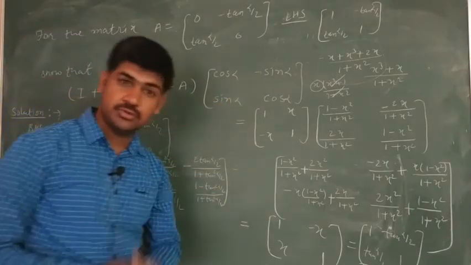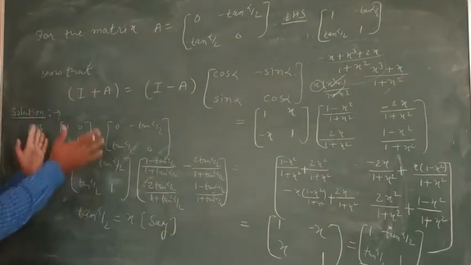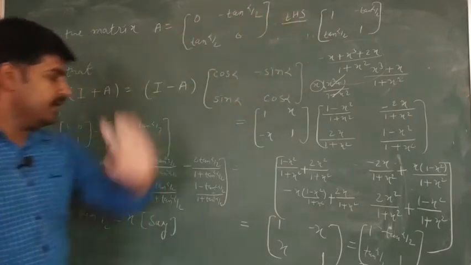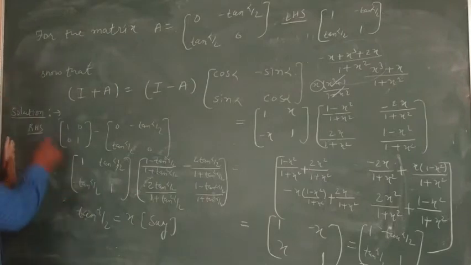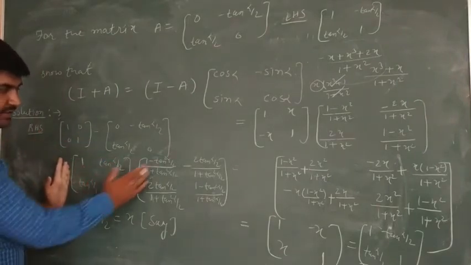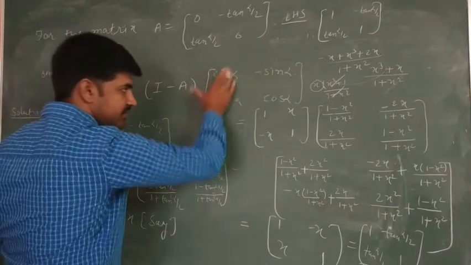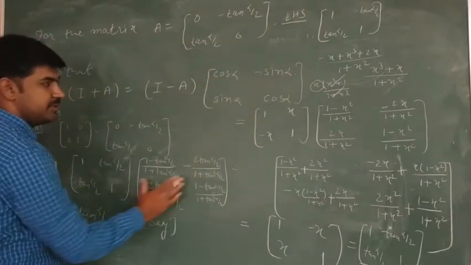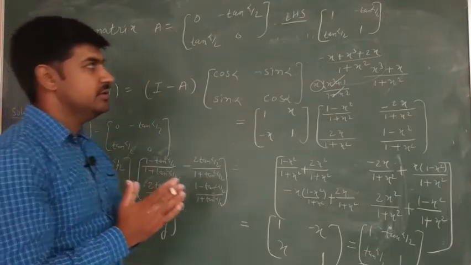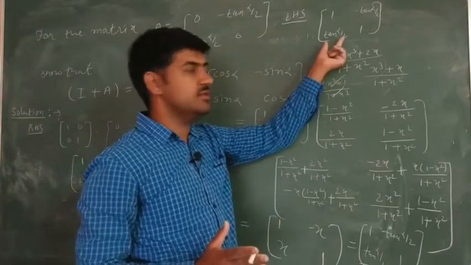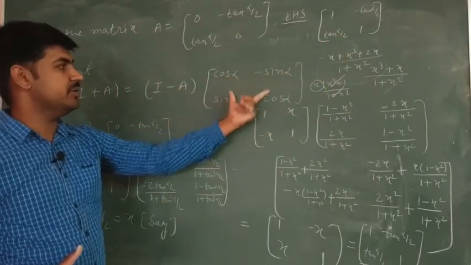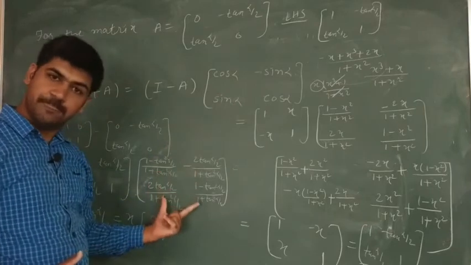I hope you have understood it properly. What we need to do is to find the simplest form of LHS first, that we got as this. Okay. After we have got the simplest form of LHS, we have started RHS here. RHS we took this, and now this particular matrix has been expressed in this particular form, because we have to get all of the terms in terms of tan alpha upon 2. So I have converted all of the elements of this particular matrix in terms of tan alpha upon 2.